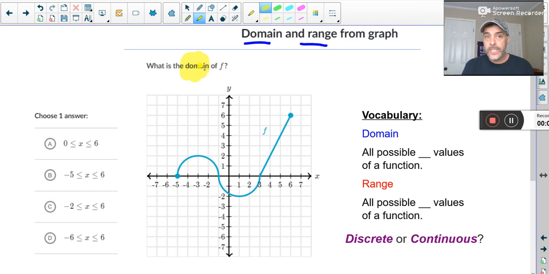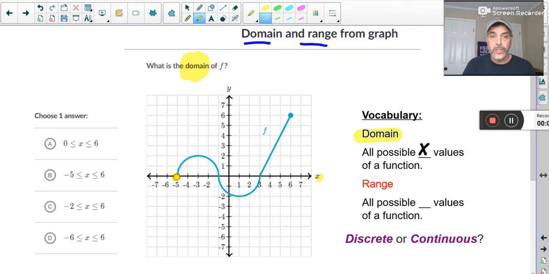So as soon as we see that word domain, we have to remember the vocabulary for domain. And the vocabulary for domain is all possible x values. So instantly, what I am doing is I am thinking about my x-axis, and I'm thinking, okay, where does this function, this goofy looking function, have x values?